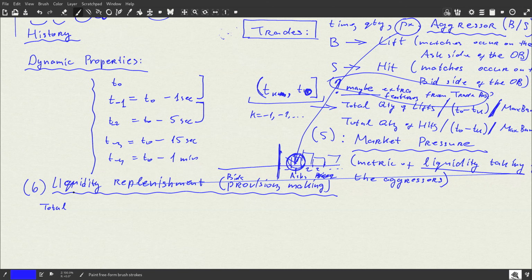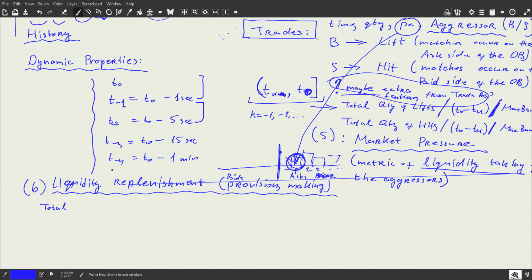I would still think about where it is coming in, because if an order is coming very far into the order book and replenishes liquidity, not close to the best bid, best ask, but somewhere deep in the rear, it is not the same as liquidity replenishment at closer prices.